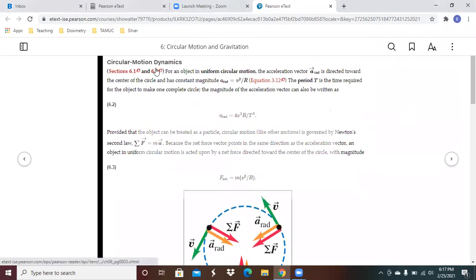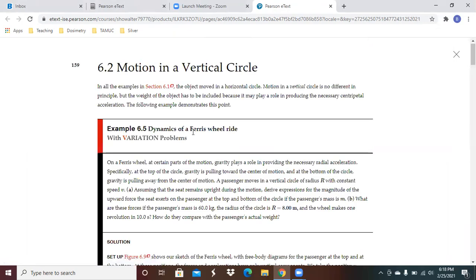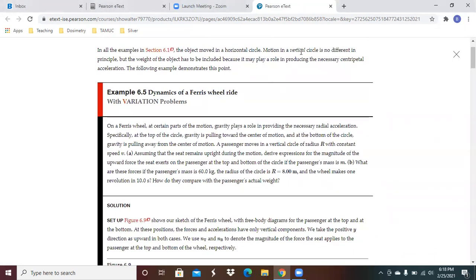So now let's go to section 6.2. Motion in a vertical circle is no different in principle, but the weight of the object has to be included because it may play a role in producing the necessary centripetal acceleration.